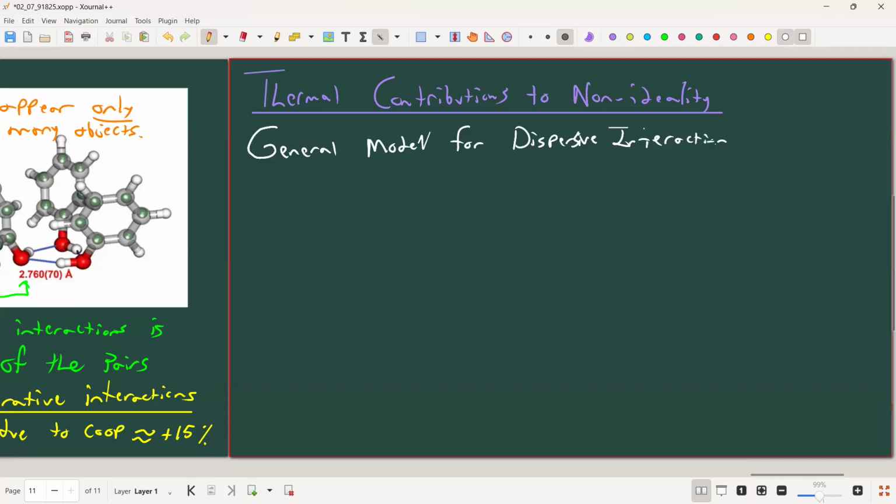I'm not going to worry too much right now about dipoles and things like that. I want to go back to the picture of just having some balls of charge and mass, very, very general. The model we're going to look at is called the Lennard-Jones potential.